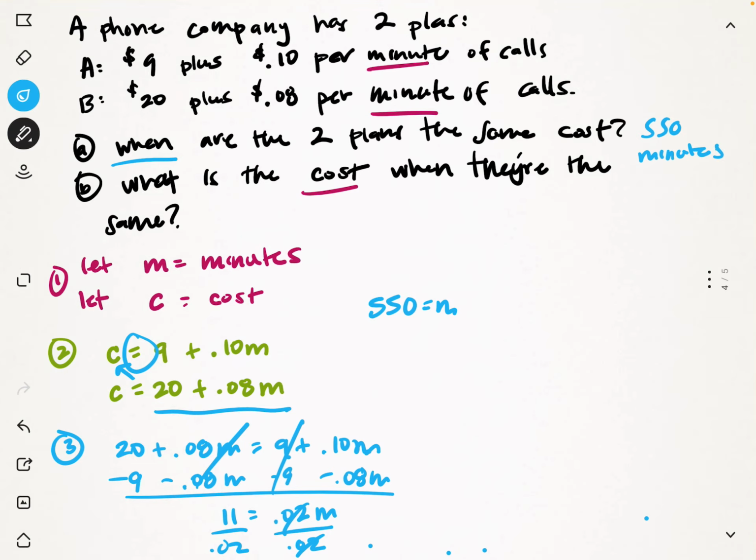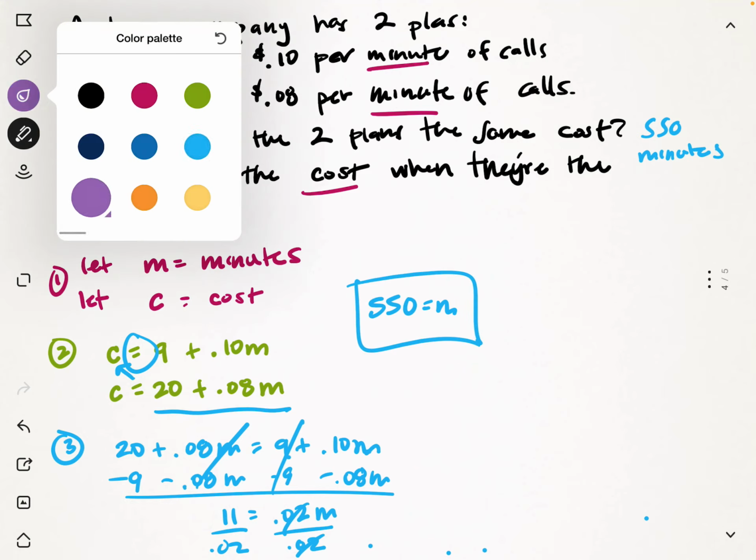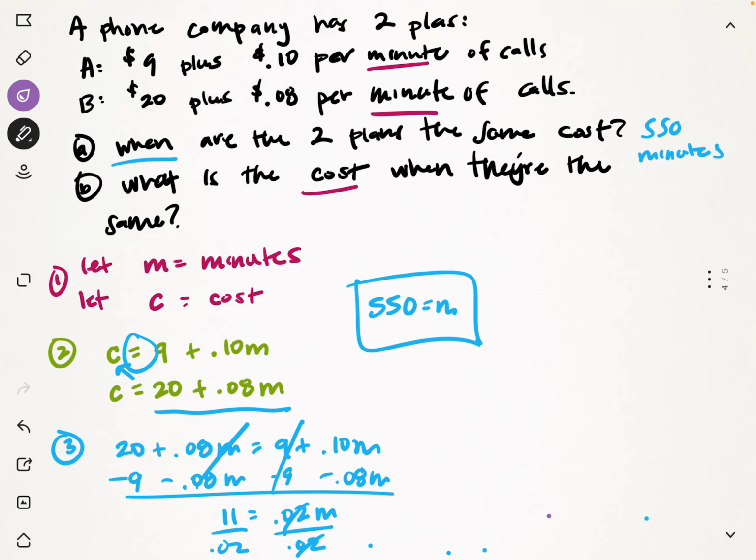Now in order for us to answer the second question, we've got to substitute it back in. So I think the top one looks a little bit easier to work with. We're going to substitute it into C equals 9 plus 0.10 times m, which we found is 550.